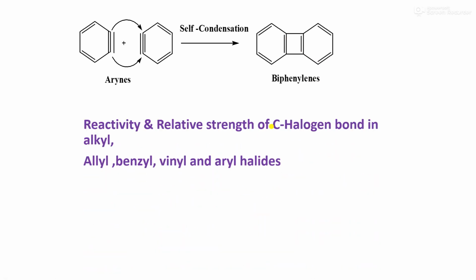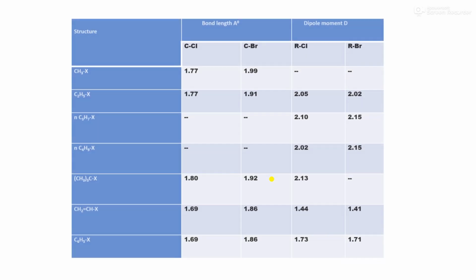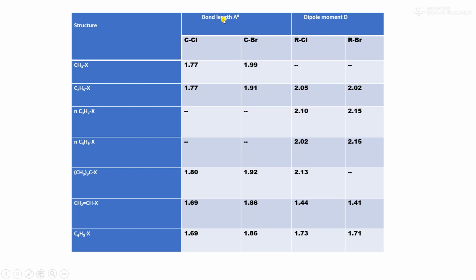Now, lastly, we are going to discuss reactivity and relative strength of the carbon-halogen bond in alkyl, allyl, benzyl, vinyl, and aryl halides. For study, we have taken one table, and the table is given on the next slide. So this is the slide. This is the table.